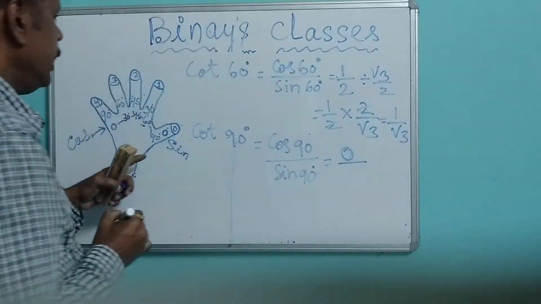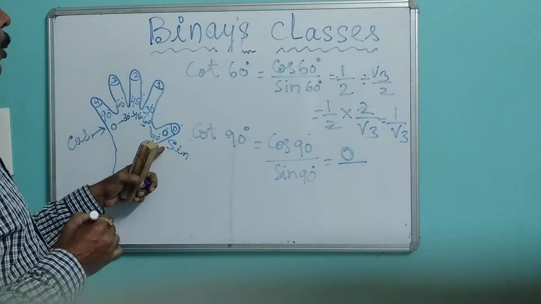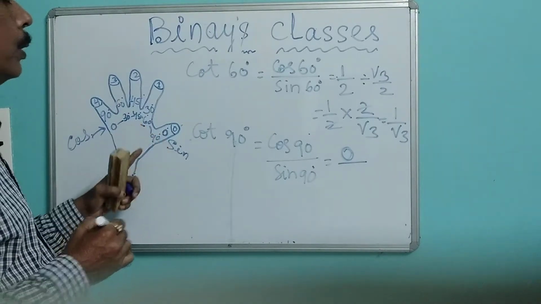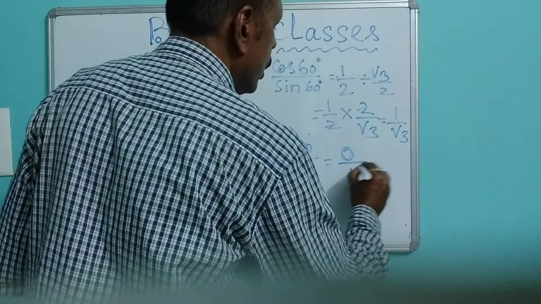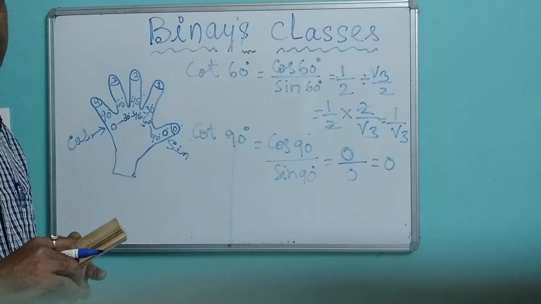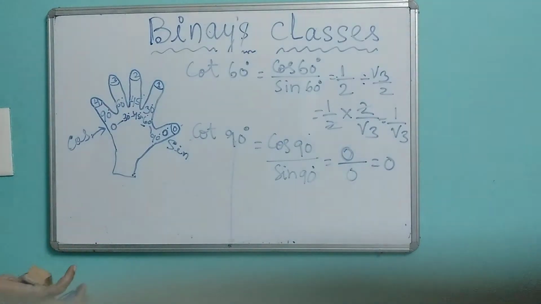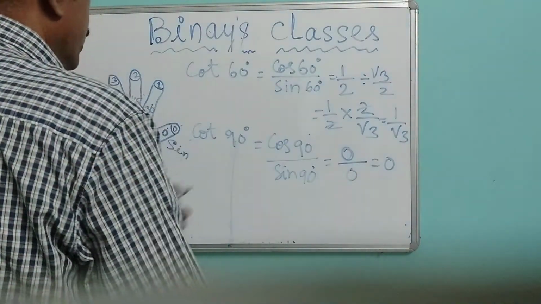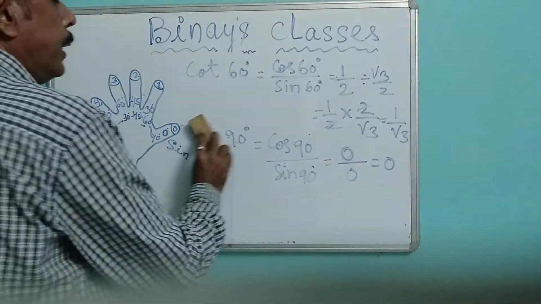And sin 90, finger number 0, 0 by 4 root over, that is also 0, it will give you 0. So cot 90 degree will give you 0. This way you calculated tan and cot.